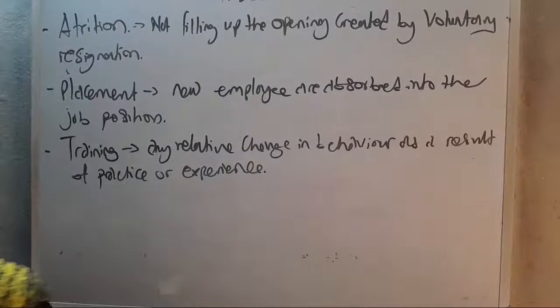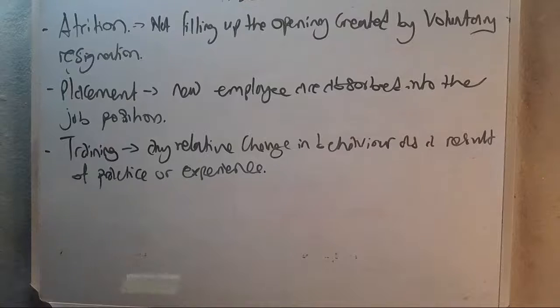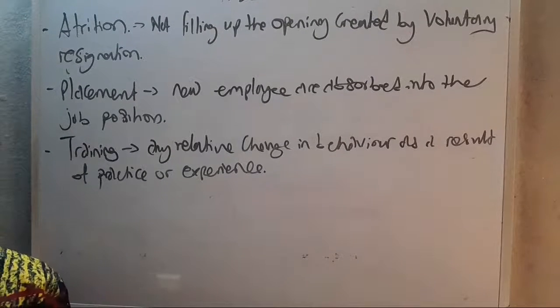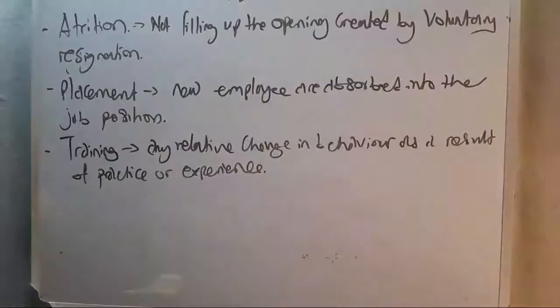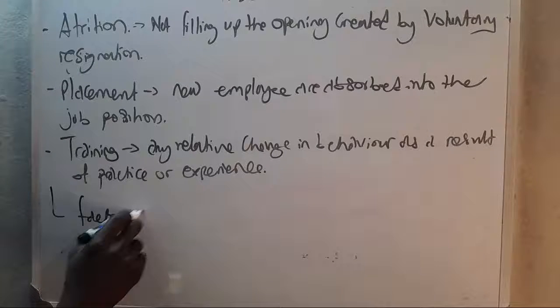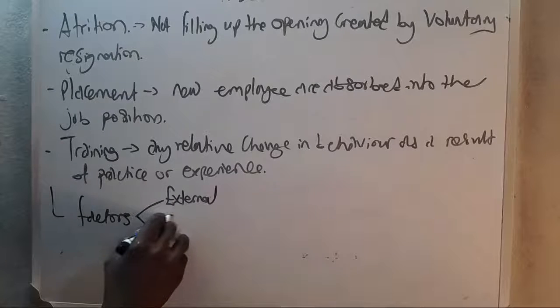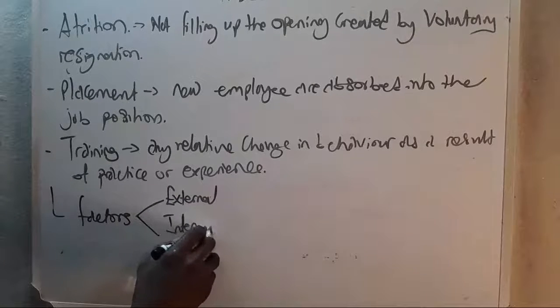Now, there are factors to training slash learning. All right, so we have factors such as external factors and internal factors. Now let's take that down. Factors, we have external and we have internal.